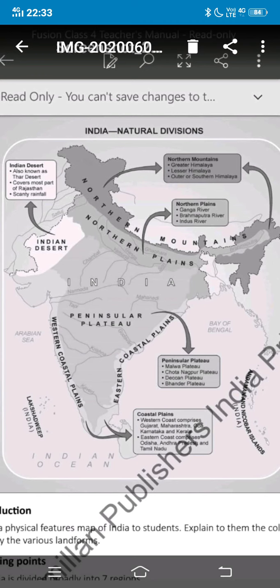Moreover, good crops grow there and many major rivers flow through these regions. And when we moved towards the west, we reached the dry desert region with very little vegetation, very few trees, less green part, dry part.